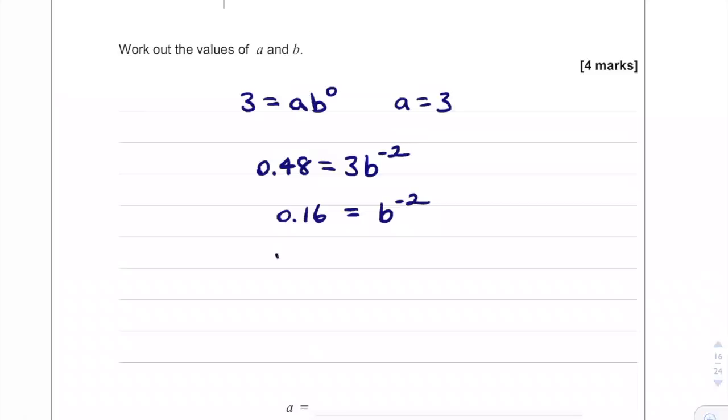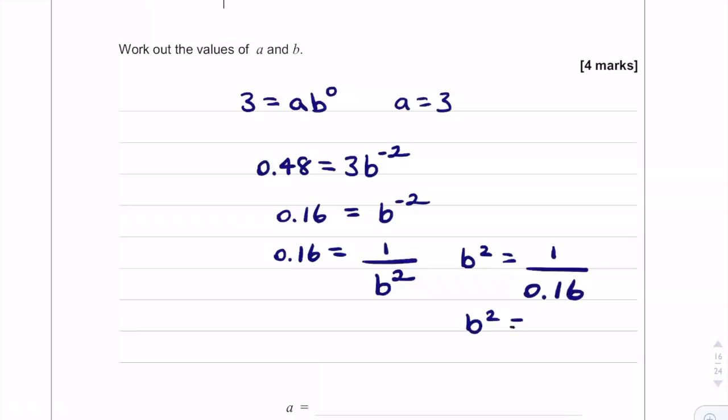Now, this is the same as saying 0.16 is equal to 1 over b squared. And what I can actually do is flip over the fractions, so I can say that b squared is equal to 1 over 0.16. So I get 1 over 0.16 is equal to 6.25.